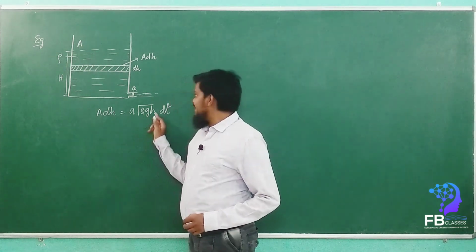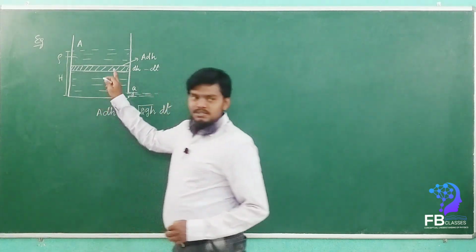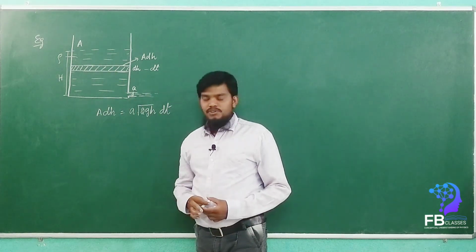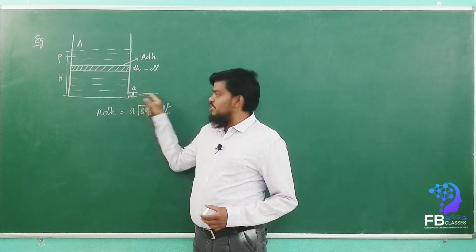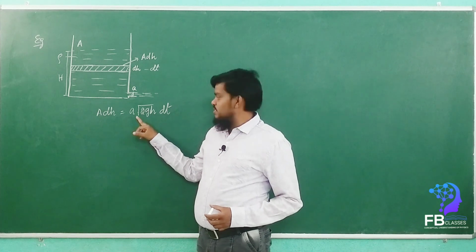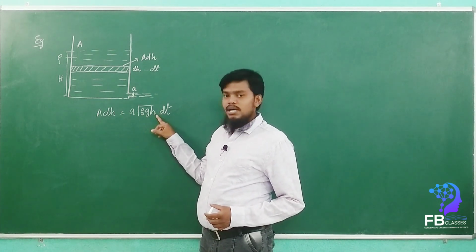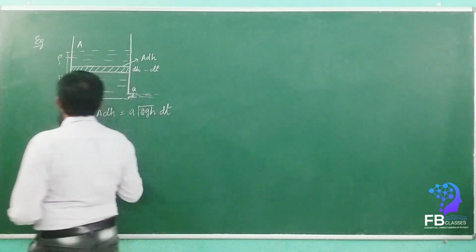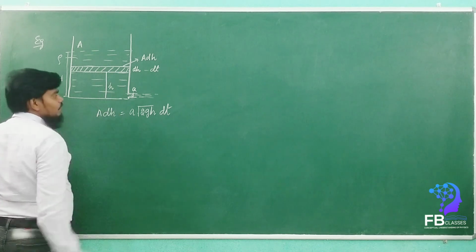In dt time, this much volume is reduced, which means this volume came out from the orifice. The volume reduced equals the volume that comes out from the orifice. Let us consider this height as small h. That's how we solved the problem.